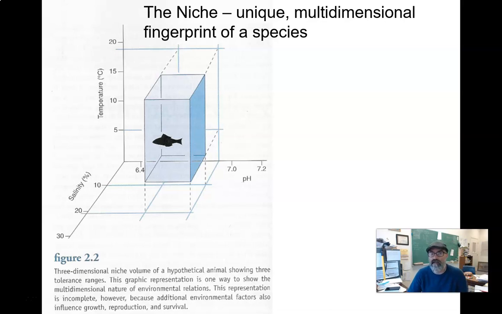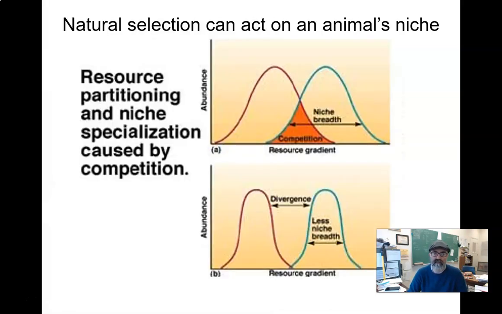So a twig anole uses twigs. They eat the insects that are found on those twigs. They likewise have a unique morphology that's related to its genetics. Okay, so the niche here, we'll come back to this, but each species has its own niche.